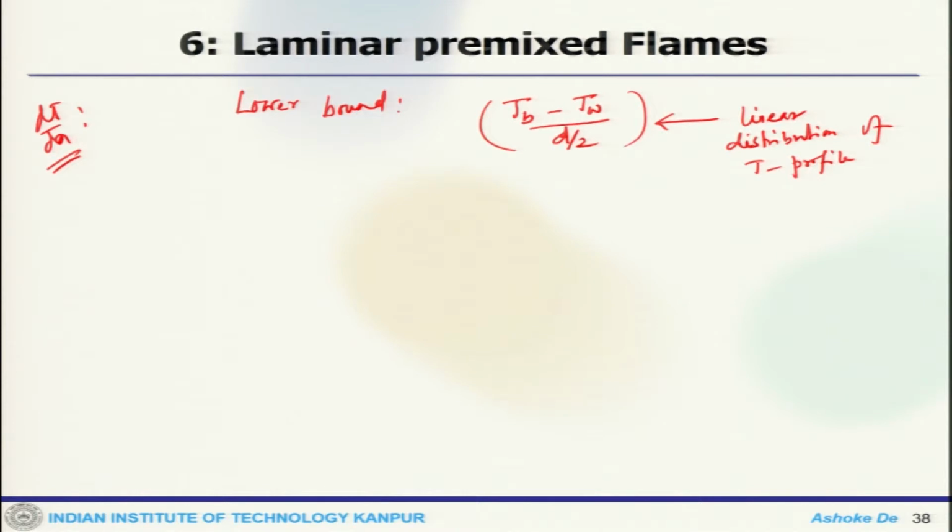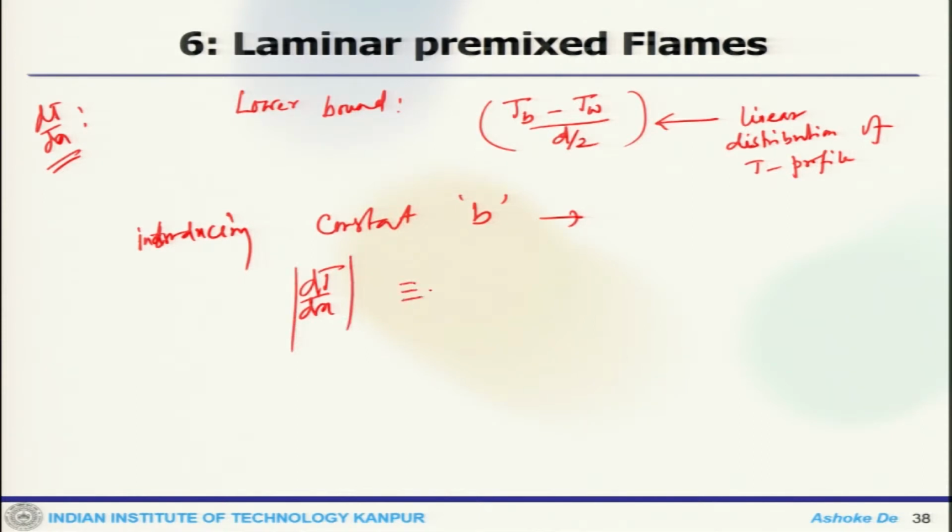So, we are introducing a constant b, which is defined as the magnitude of dT by dx equals Tb minus Tw by d by b.